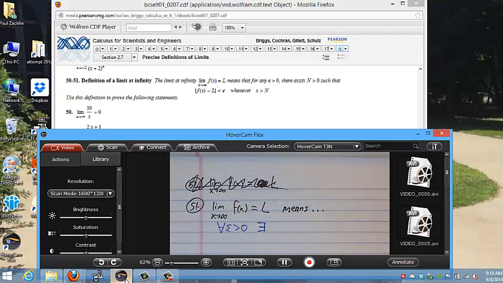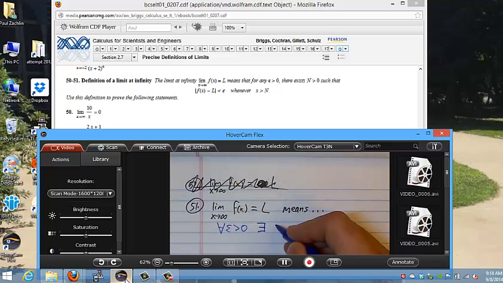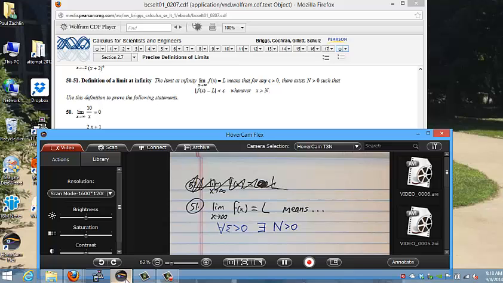There exists, but they don't say delta this time. What do they say? They say capital N greater than 0. And what you're supposed to think of, see, epsilons and deltas are really small numbers. But if they say capital N, you're thinking some big integer. We're going to find a big integer.